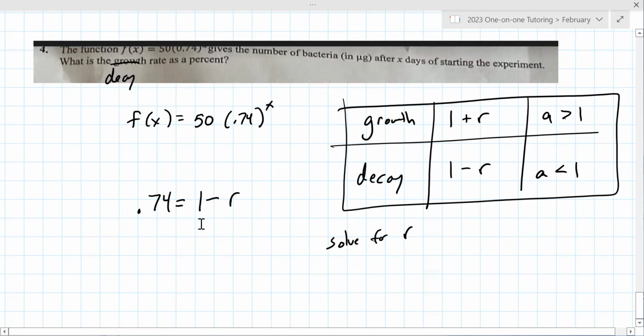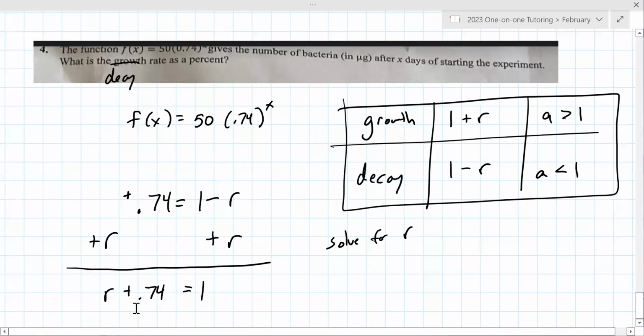Moving the variable. Okay, so I agree. I like that because if you add r to both sides, you now have r plus 0.74 equals 1. And is it clear that there's really a plus 0.74 here? It's just not written. That's why there's a plus in front.